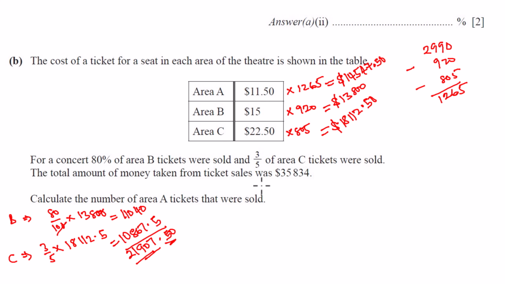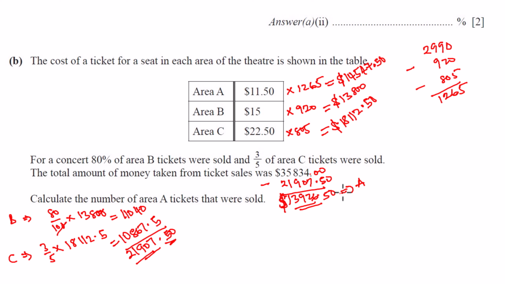If we do that, we say minus 21,907.50. This would give us 13926. This is what was made in area A. So this is the amount in dollars that was made from area A.